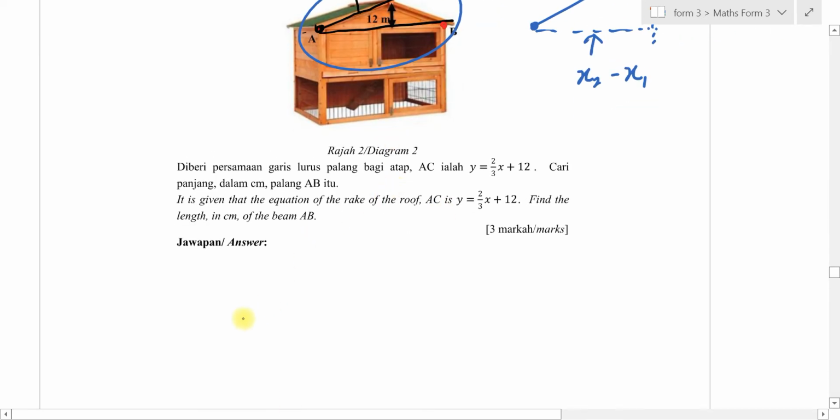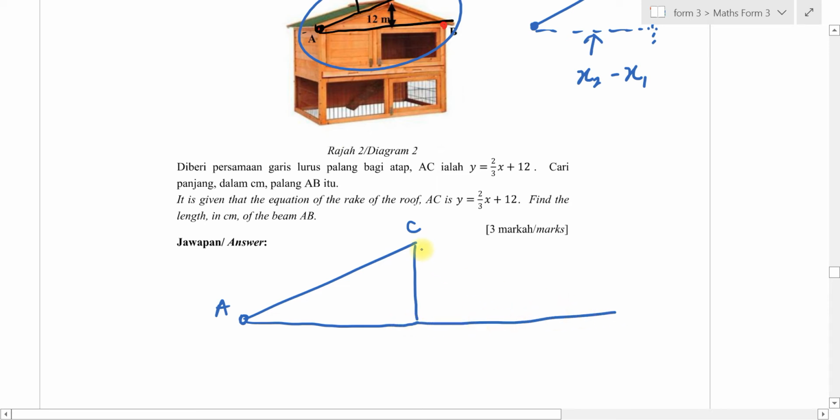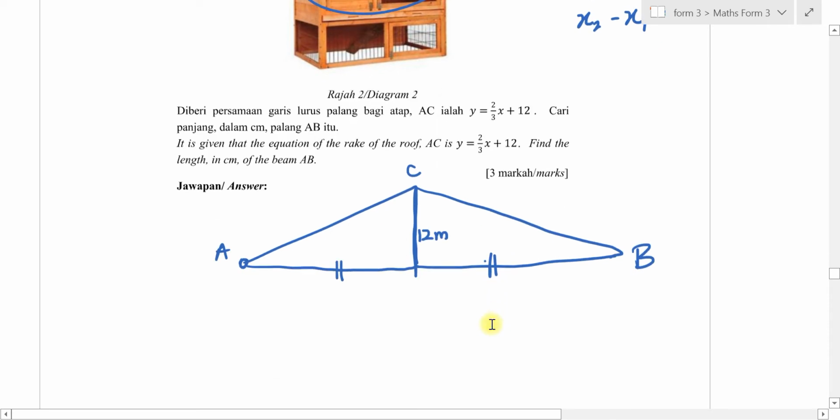Okay, so this is A, this is C, and this is the chicken coop. This is point B. It is given this is 12 meter. So this is the middle point, this one is 12 meter. Remember this length and this length must be equal in size.